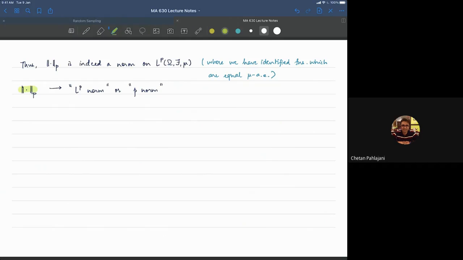So if you hear me say the p norm of f, I mean this symbol applied to f. If I say the L^p norm of f, I mean this symbol applied to f. So this norm we call the L^p norm or the p norm. Okay, any questions? Okay, so now what do we get?